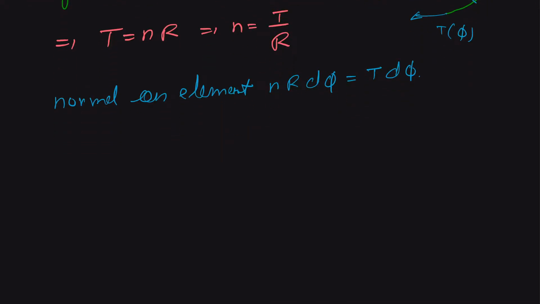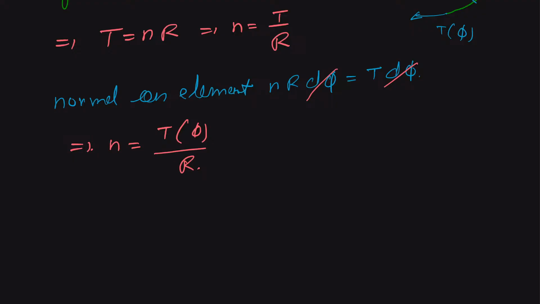Therefore from here we can cancel out d of phi and d of phi, and we get N will be equal to T of phi divided by R.